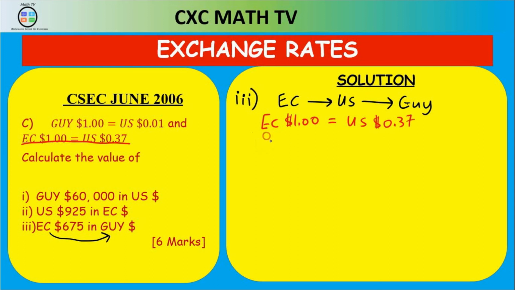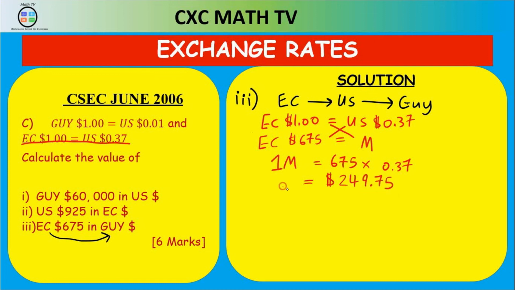And we want to convert EC 675 to USD. So we don't know, I'll call that M. So we cross multiply. M times 1 is equal to 675 times 0.37. So we work out 675 times 0.37.